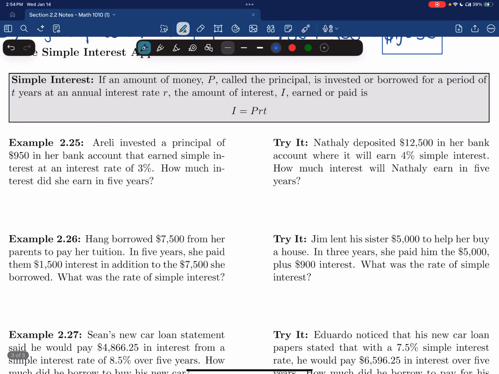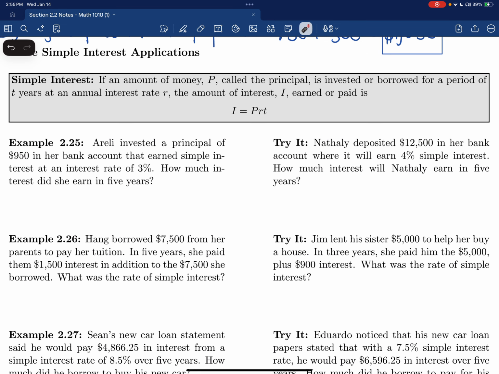If an amount of money, P, which is called the principal, is invested or borrowed for a period of T years at an annual interest rate R, the amount of interest I earned or paid is I equals P times R times T. This formula has four variables.